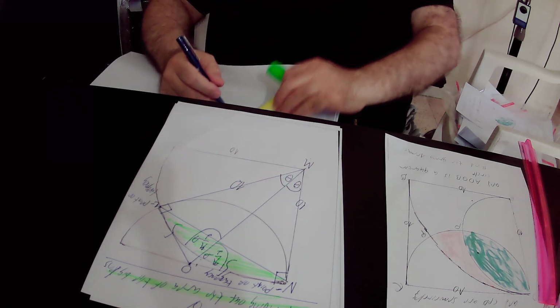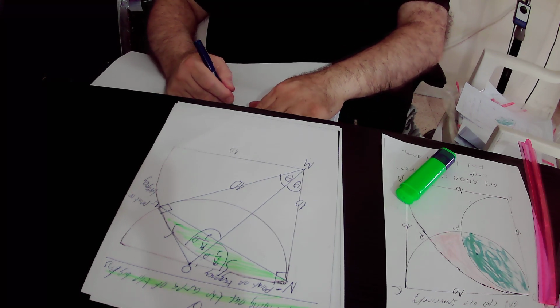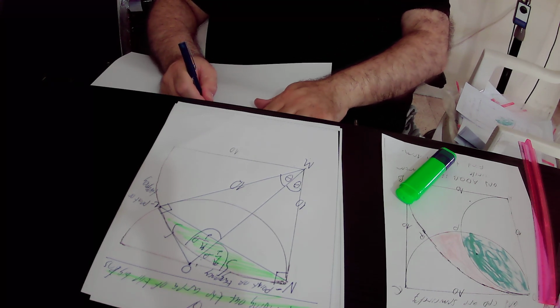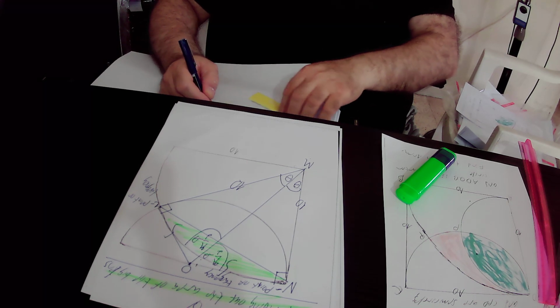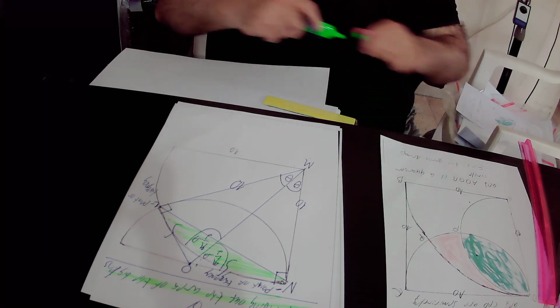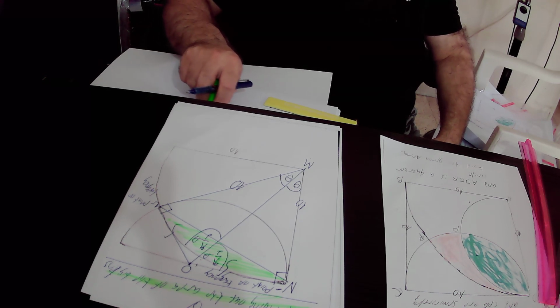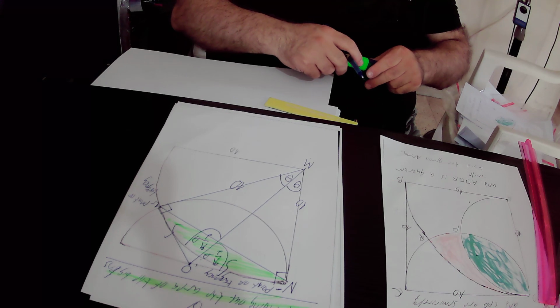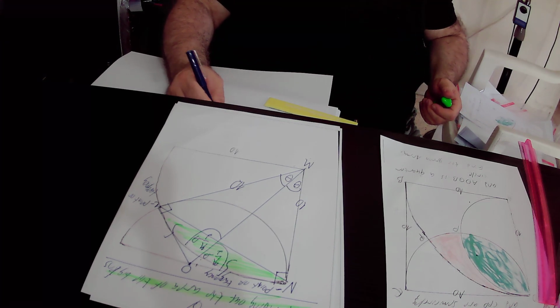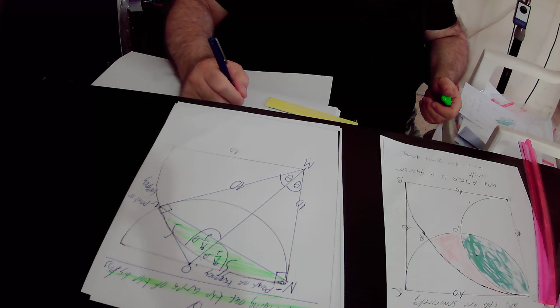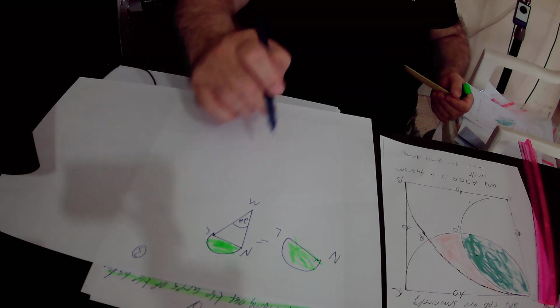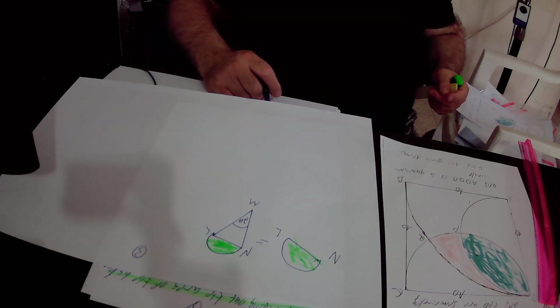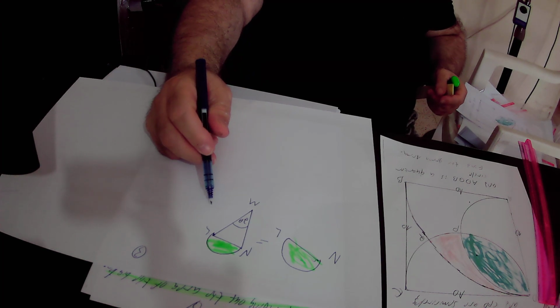This sector. So this is sector NML that I copied from the original drawing, minus the area of triangle NML.